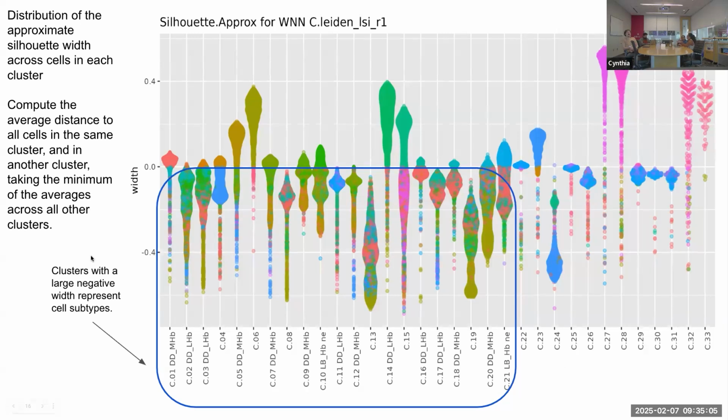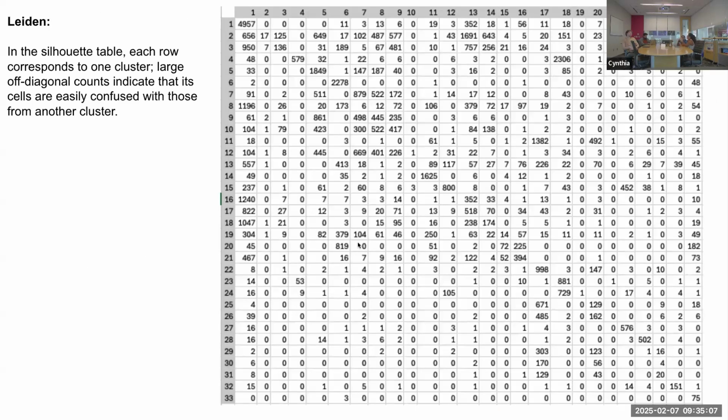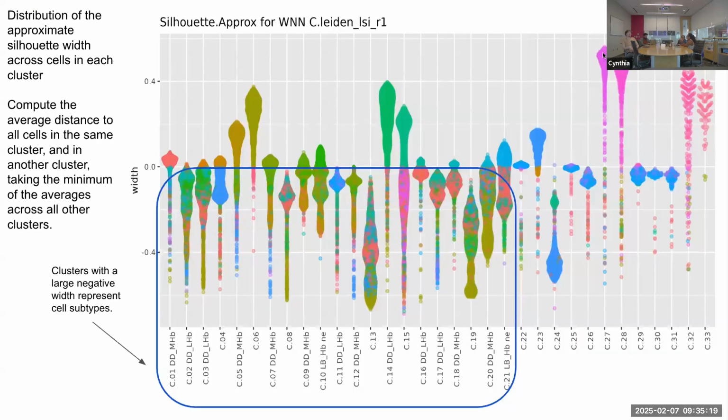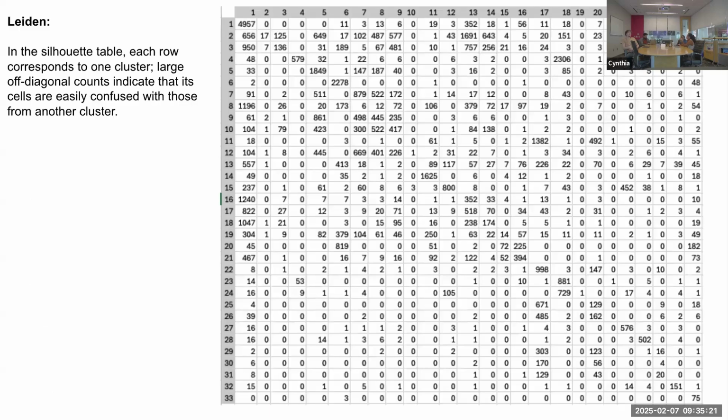So another alternative is just to plot this in a table. You can plot a silhouette table, where each row corresponds to each one of the clusters, from 1 to 26 in this example, and from 1 to 33. So this is the diagonal that is crossing from side to side.